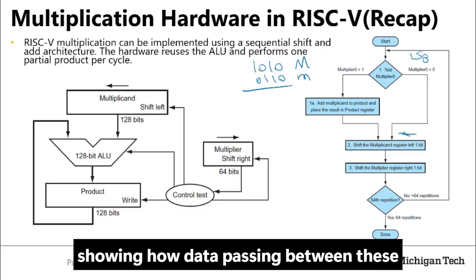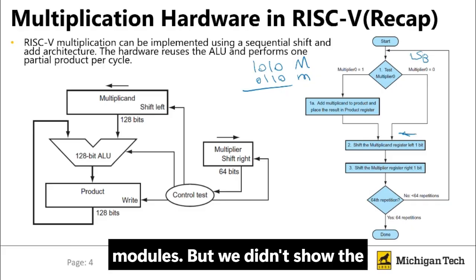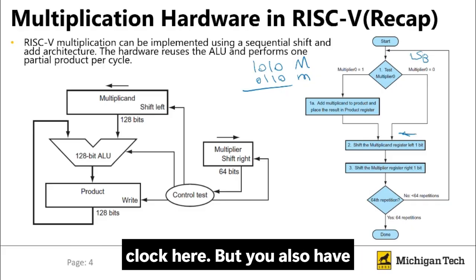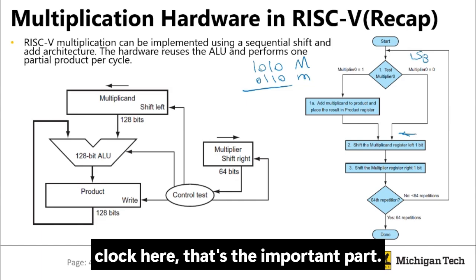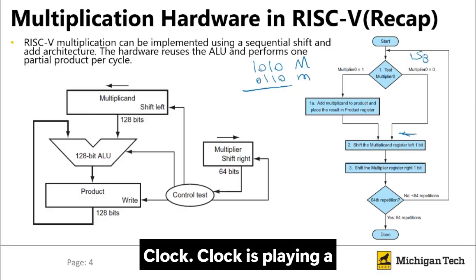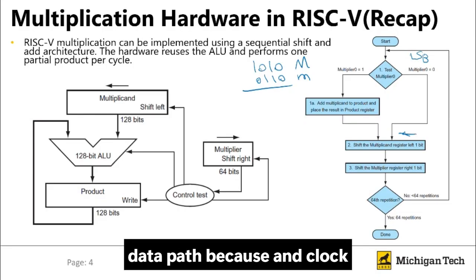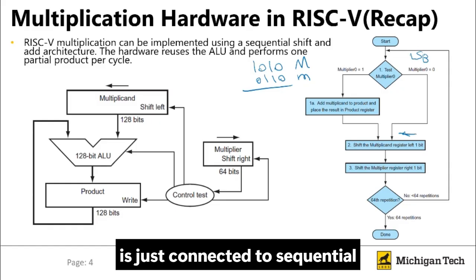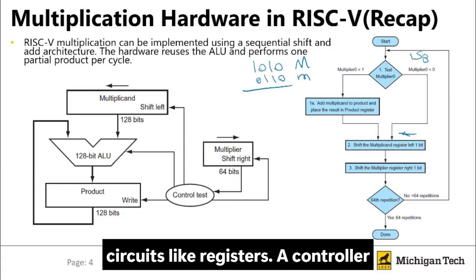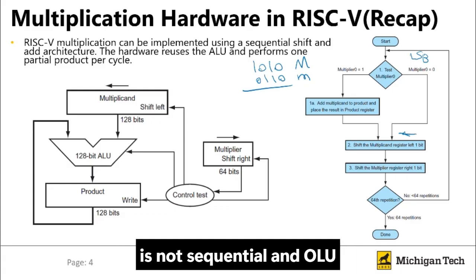It shows how data passes between these modules. We didn't show the clock here, but you also have a clock. That's the important part. The clock plays a very important role in this data path, and the clock is only connected to sequential circuits like registers. The controller is not sequential, and the ALU is also not sequential.